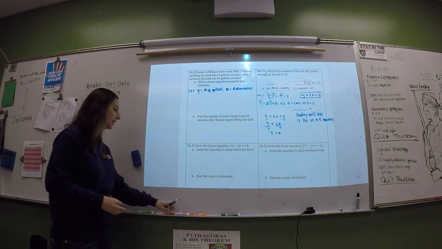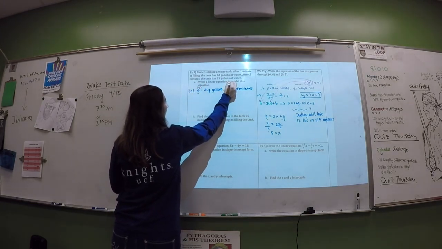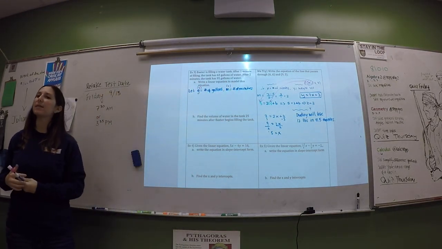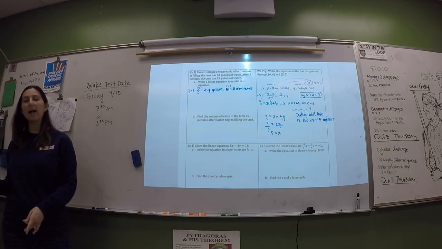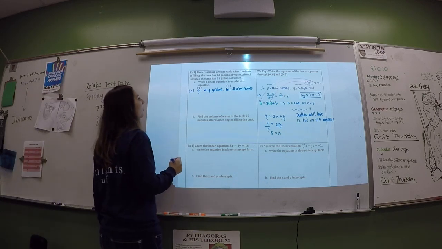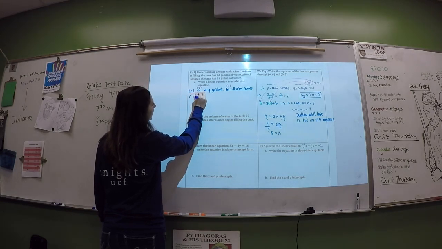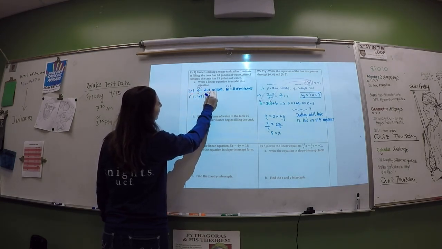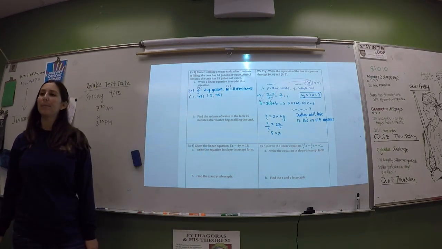But G is kind of like our Y, and M is kind of like our X, because the number of minutes that pass affect how many gallons are going into the tank. So our 2 points are 1 minute, 63, and then 5 minutes, 95. Those are our 2 points. So what's the first step?